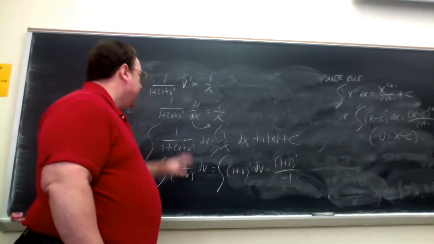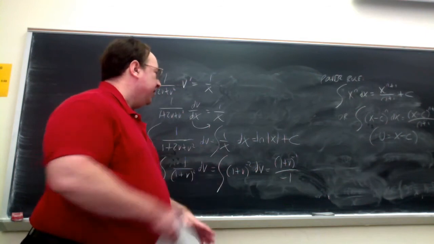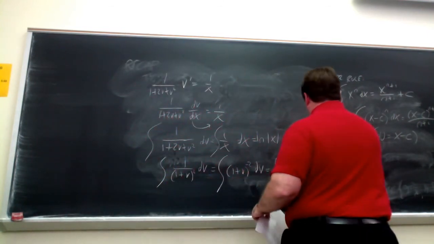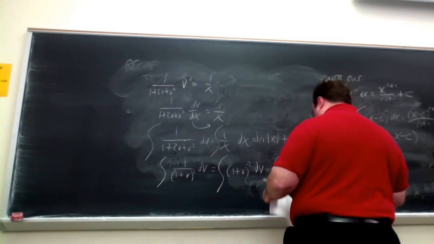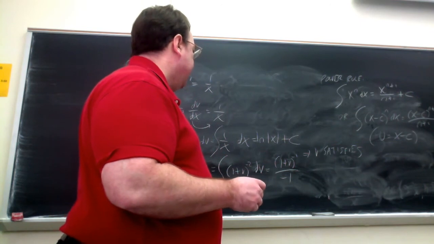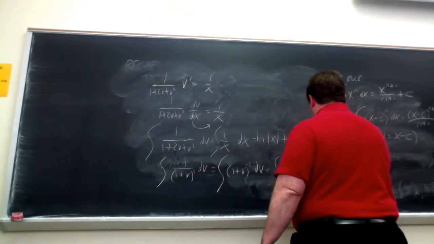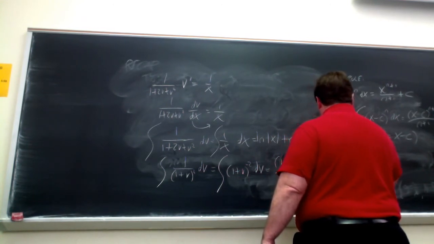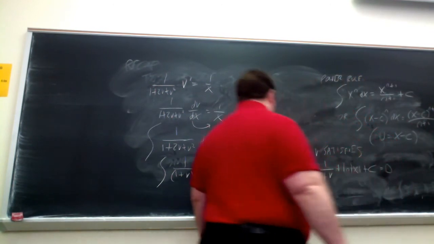So now both sides have been integrated, the v side and the x side. So v satisfies this equation. I'm just going to put everything on one side to get rid of clutter. So we have 1 over 1 plus v plus natural log of x plus c is equal to 0.